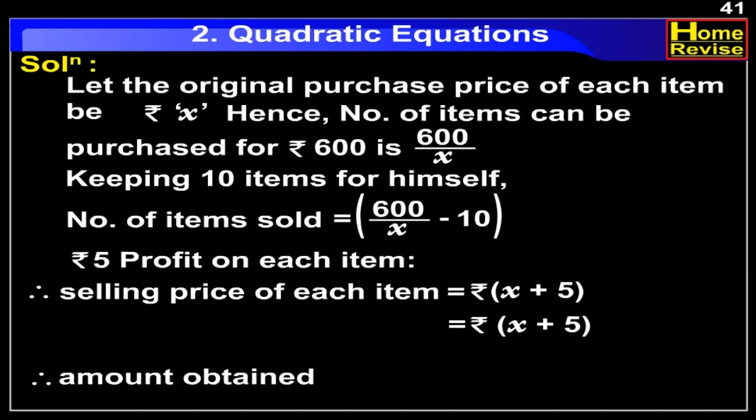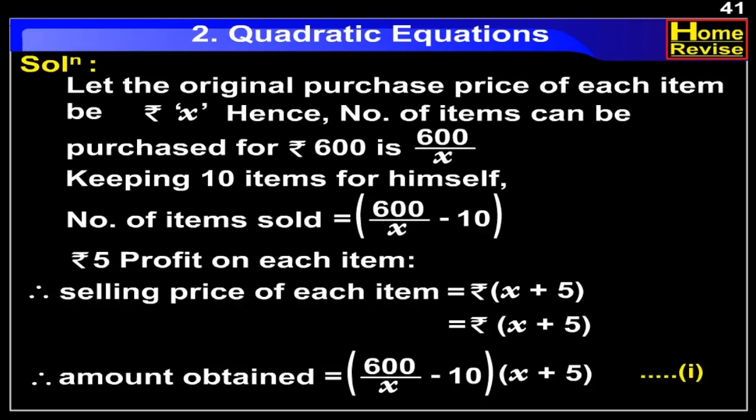Therefore, the total amount obtained is equal to number of items into selling price of each item, which is equal to 600 upon x minus 10 into x plus 5. Let this be equation number 1.